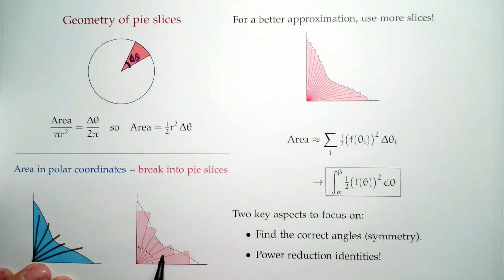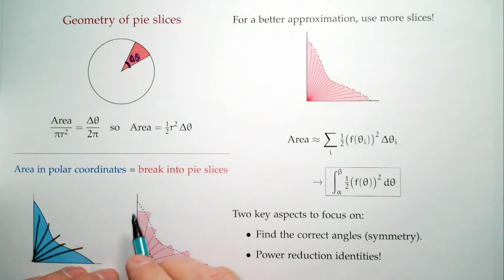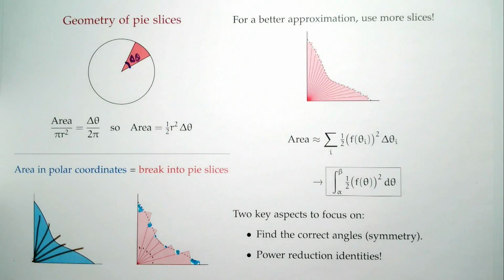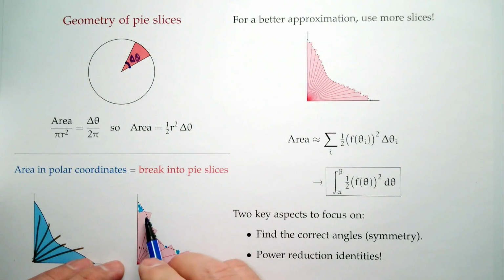Of course, the shape is various, they go out various distances. And you can see it's not always the best estimate because you can see that we're missing gaps. These gaps here are being missed. And on the other hand, of course, we also have some pieces which are being overcounted. So it's not perfect. But if you look, it's not so bad.